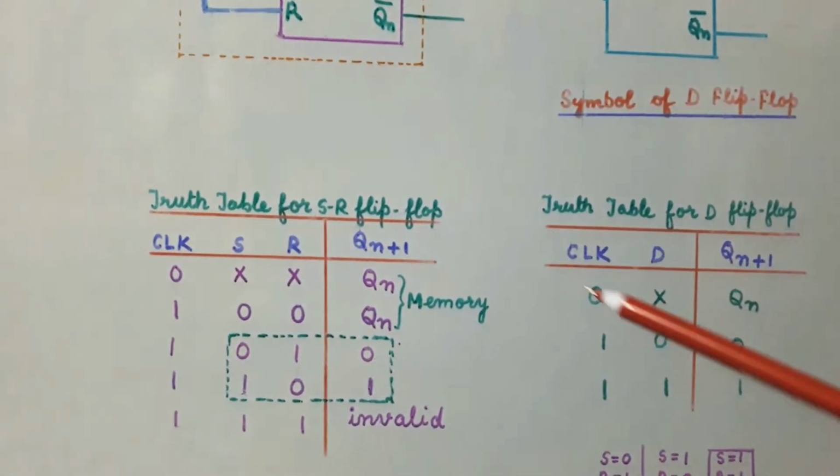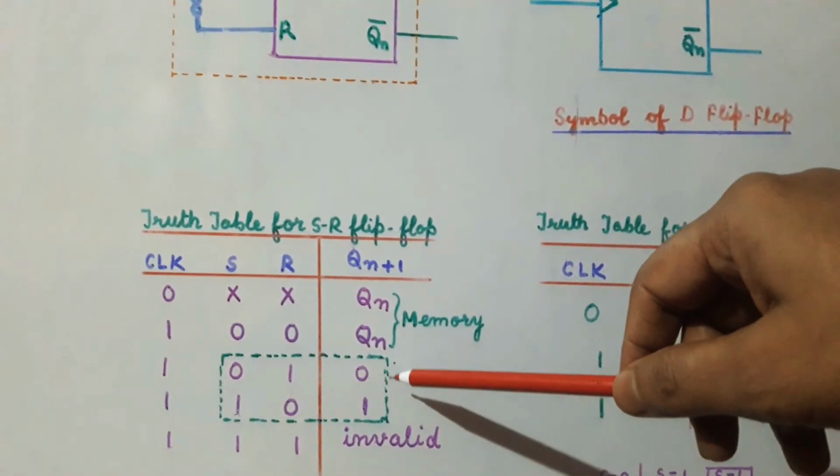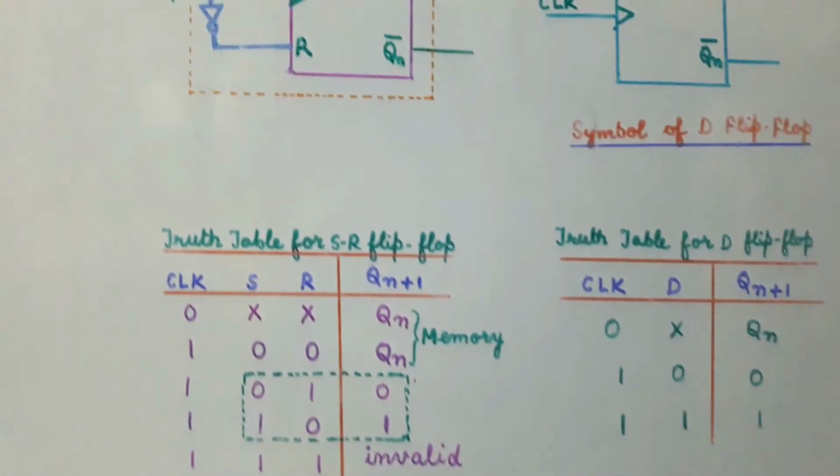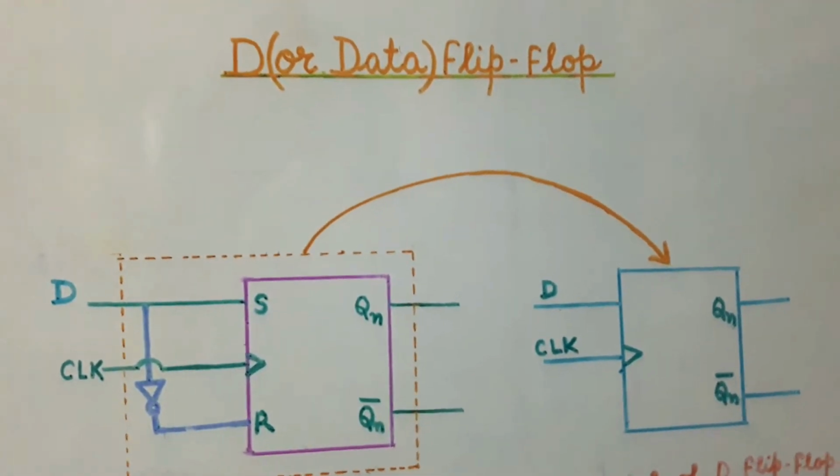So if we want to store our data, then we can do so by using a D flip-flop as shown in this figure.